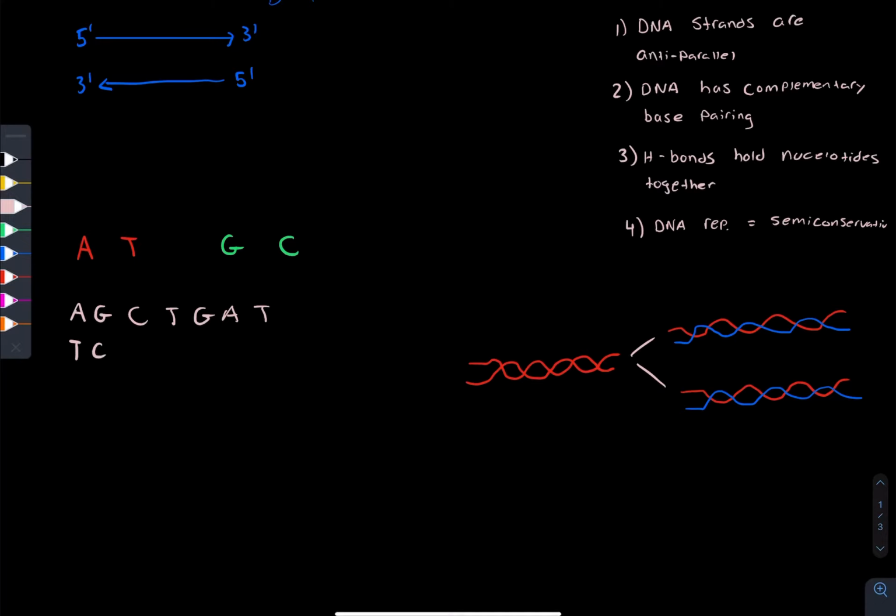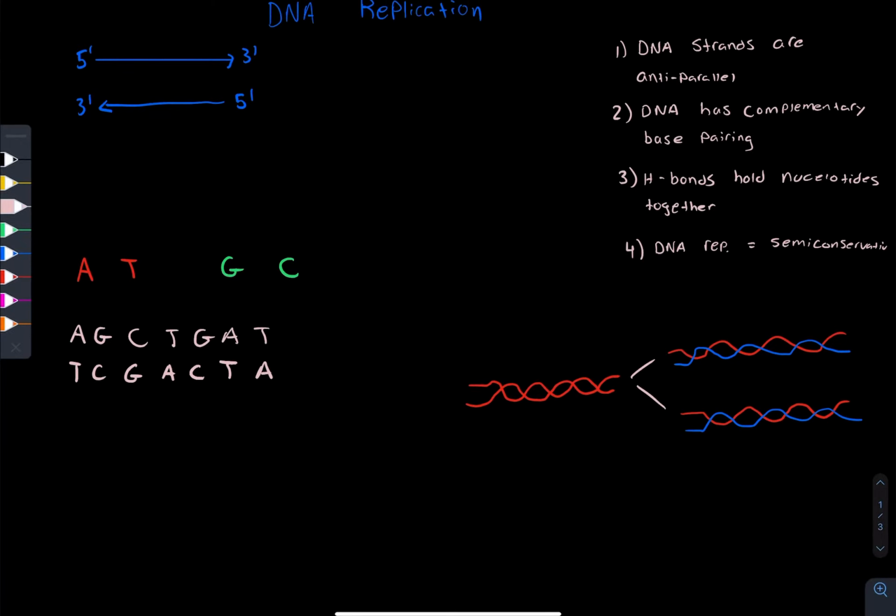You can't have an adenine and guanine pair up or a thymine and guanine. It's going to be adenine and thymine always bonding with each other, and guanine and cytosine bonding with each other. So here we would have a guanine, here we have a thymine, so we're going to have an adenine, and so on. So it's going to look something like that.